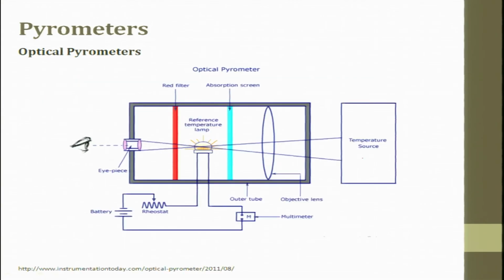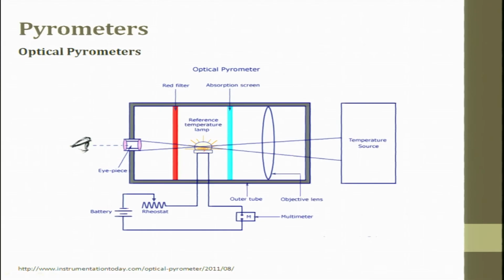So, in the optical pyrometer, at the temperature source, you will have an objective lens, then you have a screen, you have a reference bulb, and then you have a red filter, and you watch through it. Now this bulb is given a temperature. Now what you do is you look at the heat source, adjust the lenses or the resistance here, and make sure that the light intensity and the temperature match, so the image disappears.